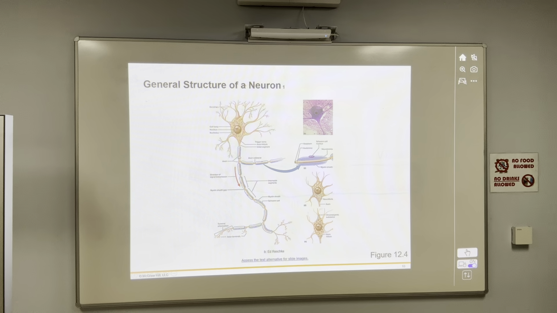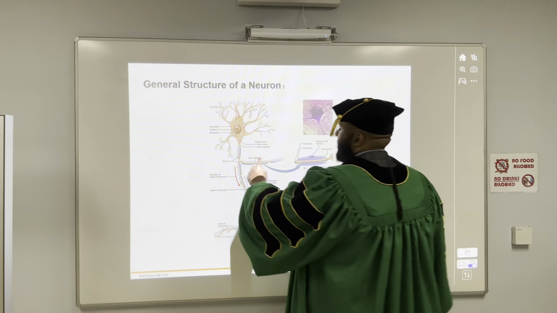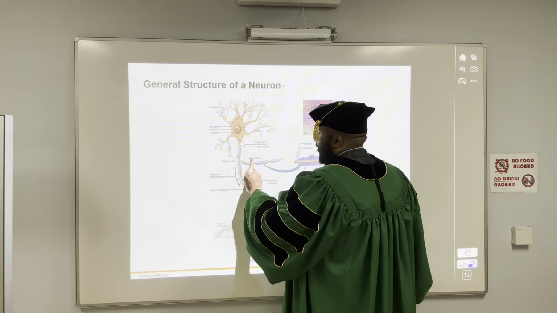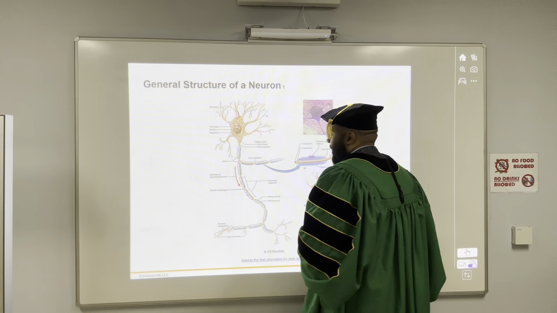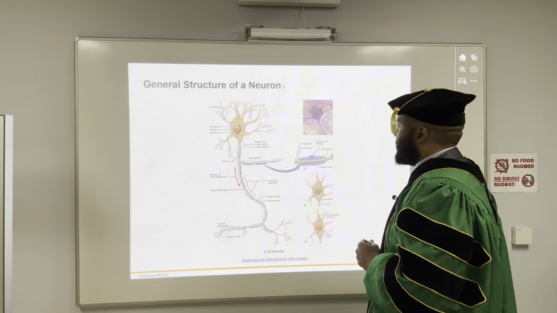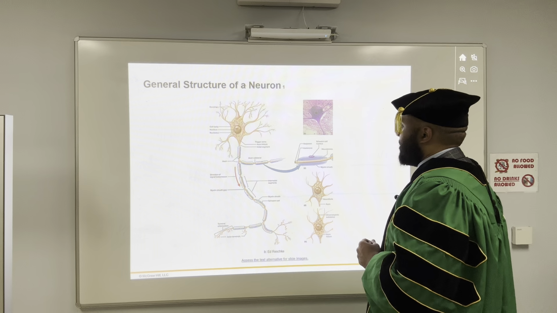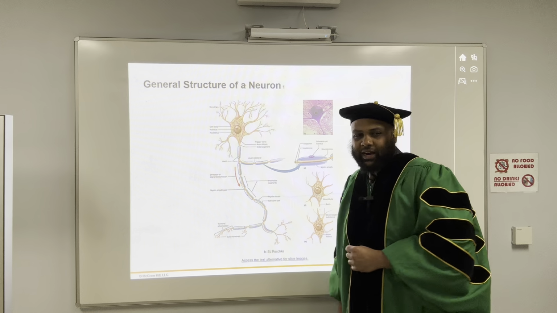If you look here, you see that the axon is very long and it is wrapped; it has saran wrap around it. You see these rolled myelin sheath. What is the job of that?